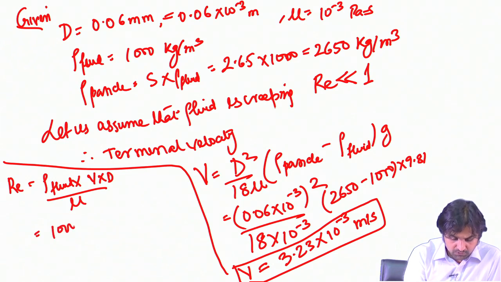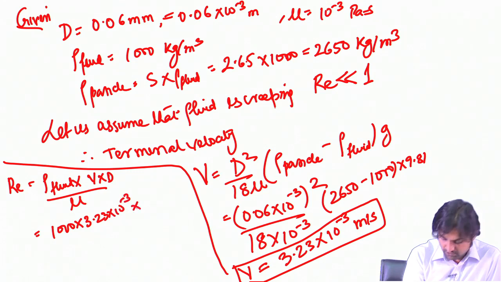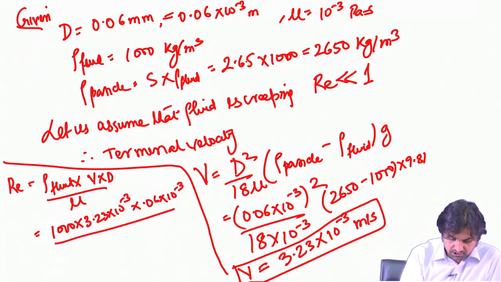So 1000 into 3.23 into 10 to the power minus 3, d is 0.06 into 10 to the power minus 3, divided by 10 to the power minus 3.